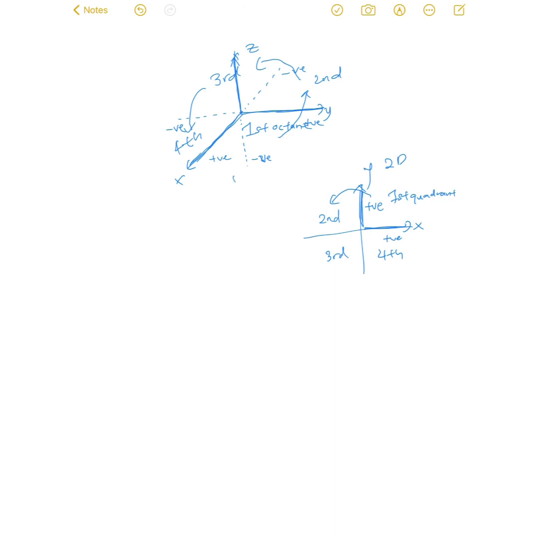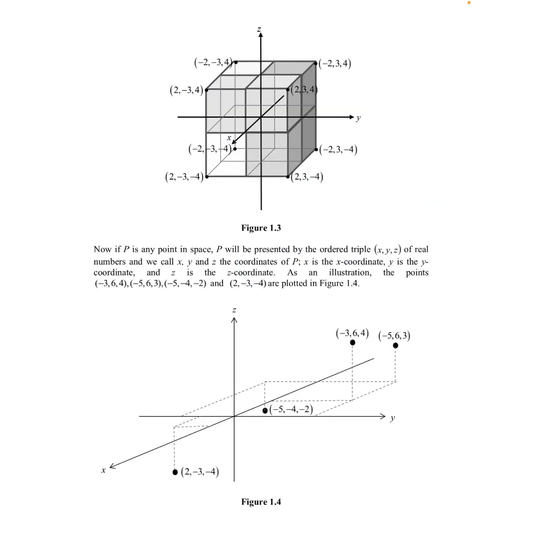The fifth will be below the first, the sixth below the second, the seventh below the third, and the eighth below the fourth. So we will have 8 octants altogether in a three-dimensional coordinate system. So you have known the axes x, y, and z, the positive, negative, and the octants.